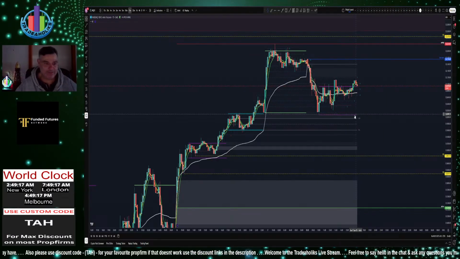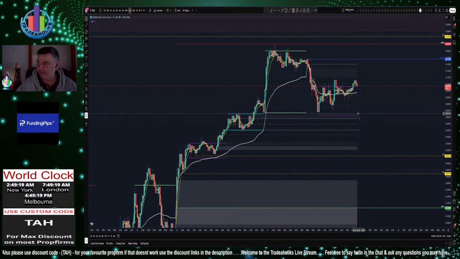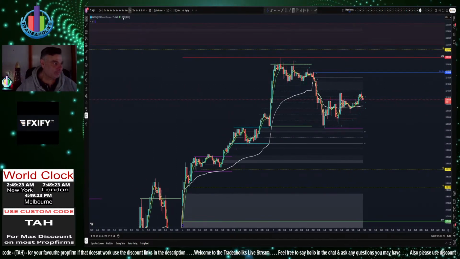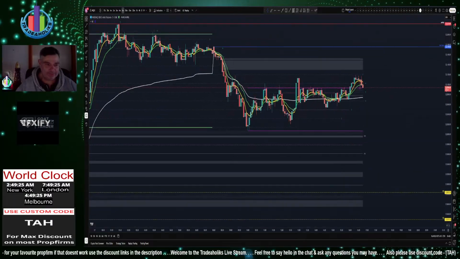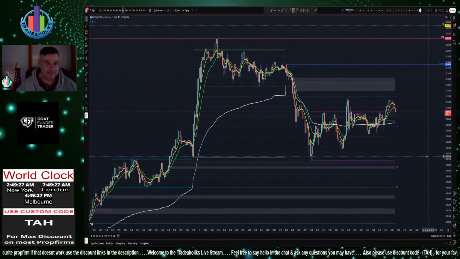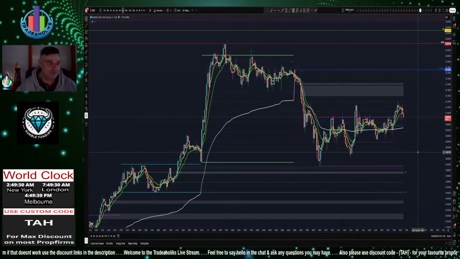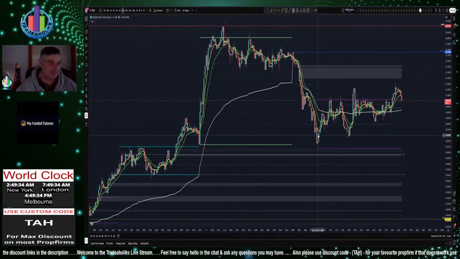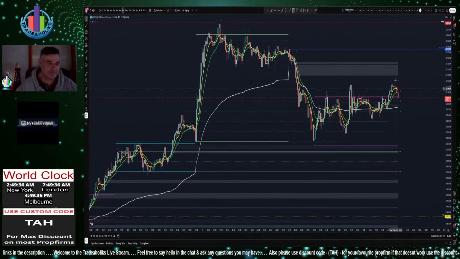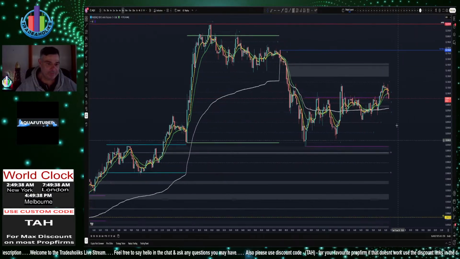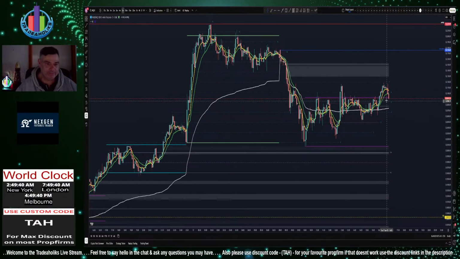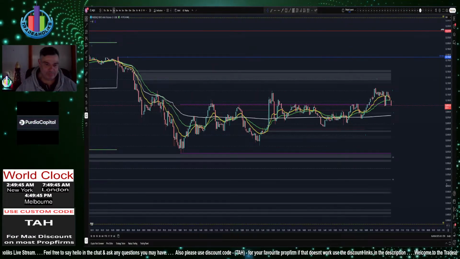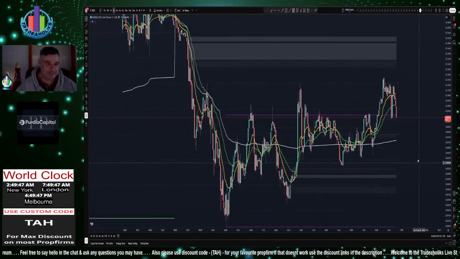Might come back down and touch the bottom of the initial balance box again. You just never know. 5 minutes. Maybe go further up, close this gap before we drop down, if we come back down. And that's pretty much it.